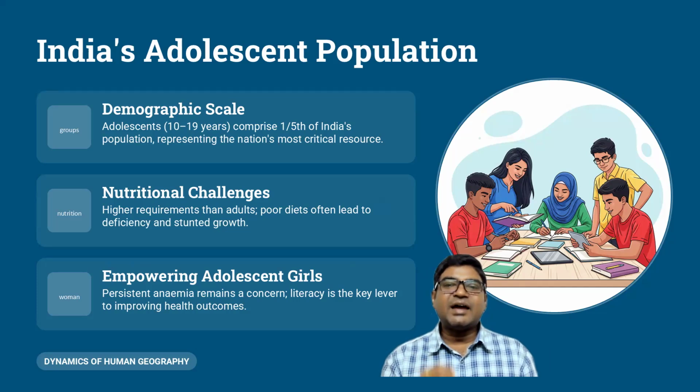These people require more food grains, supplements, and diets, because otherwise deficiency and stunted growth, meaning limited growth, often result. And to empower adolescent girls, persistent anemia remains a concern, and literacy is a key lever in improving health outcomes. So this is India's adolescent population.